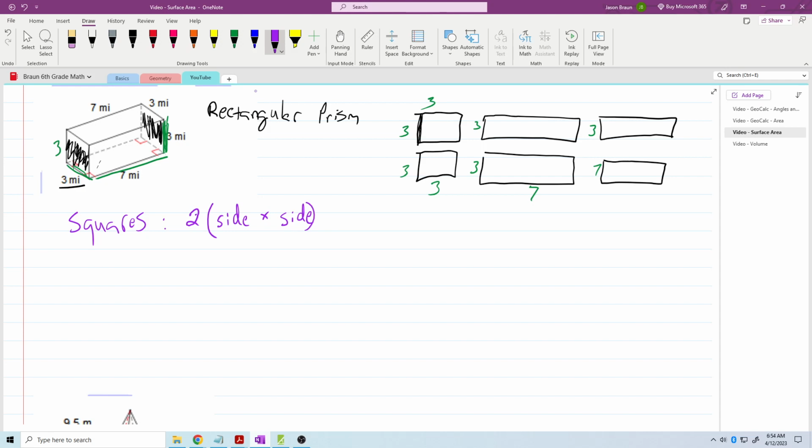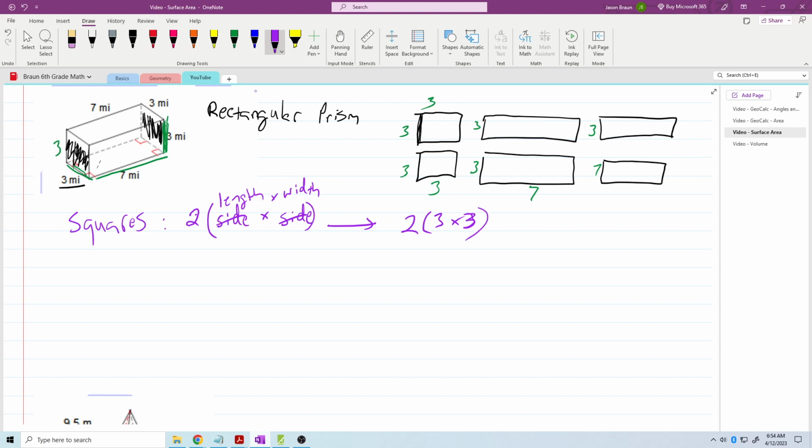Or instead of the word side, length times width. Whatever word you want to use, it's up to you. So with that knowledge, let's do this. 2, and I'll put in one of the sides times another one of the sides.